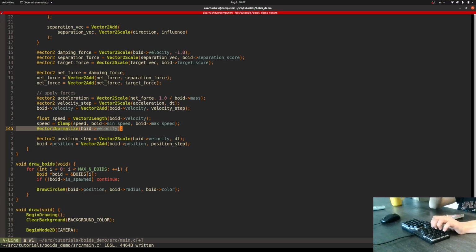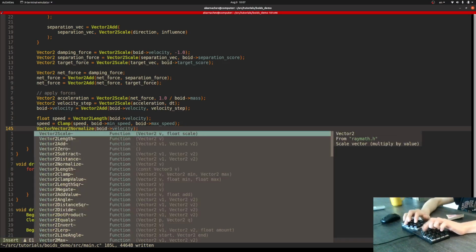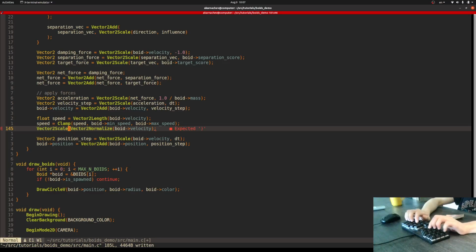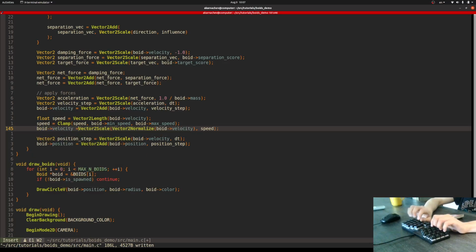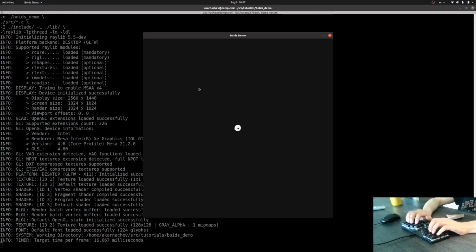So basically this is just a vector that matches the velocity direction, but it has the unit length. And now I want to rescale it. Vector2Scale back to the speed magnitude and assign it to the Boid velocity, like so. Let's check it.